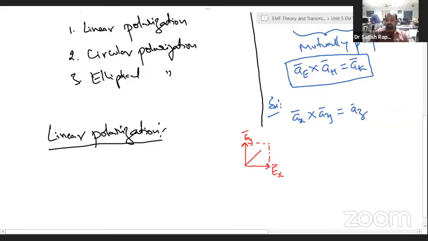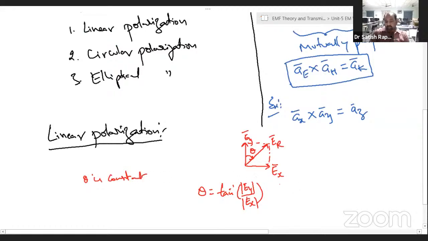This is the resultant electric field, and this is the angle theta, where theta is equal to tan inverse of magnitude of Ey by magnitude of Ex, right? So theta is constant at all times.